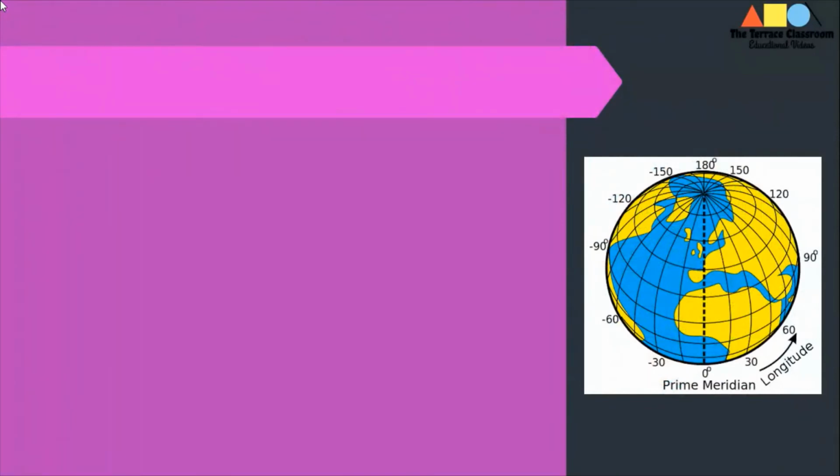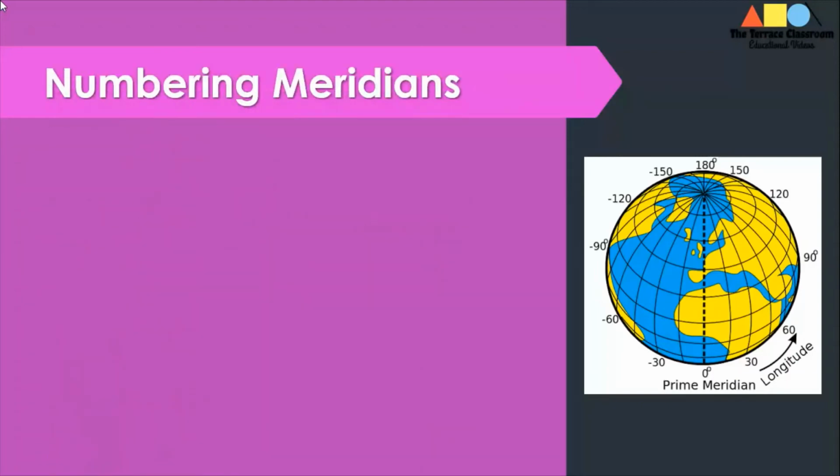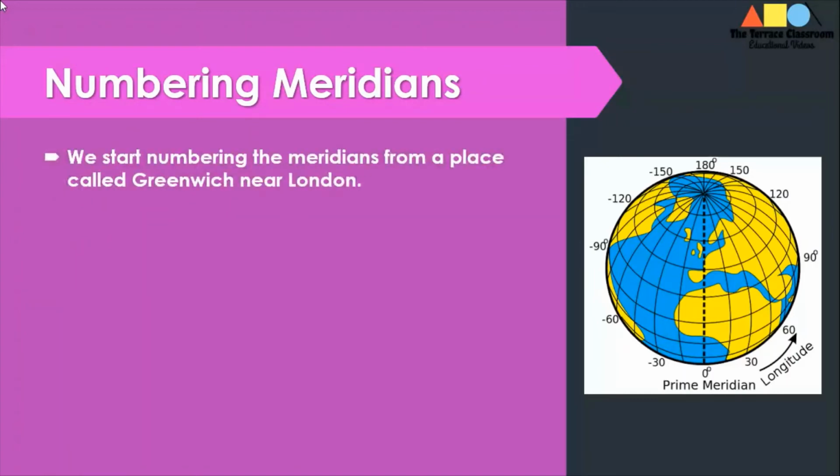So now we all know that to number the parallels, we start from the equator and mark it as 0° latitude. But we also need a starting point to number the meridians. So let us learn how to do so. Numbering meridians. In 1884, it was decided to fix Greenwich, a place near London, as the starting point to number the meridians.